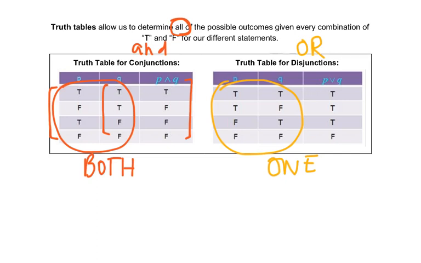True for our second row because our P is true, even though our Q is false, just one of them is true. Next we have true again because now our Q is true. And the last one's false because both of those are false.